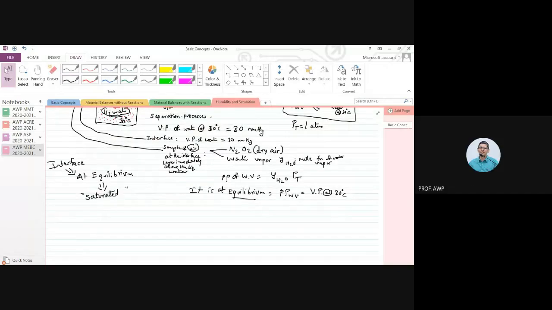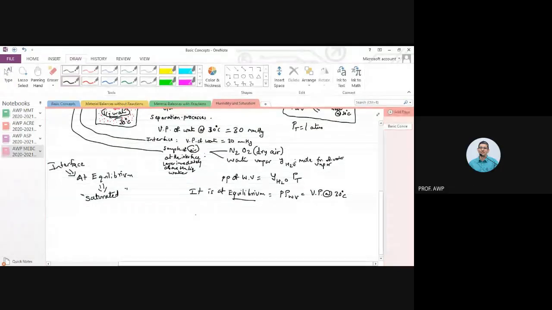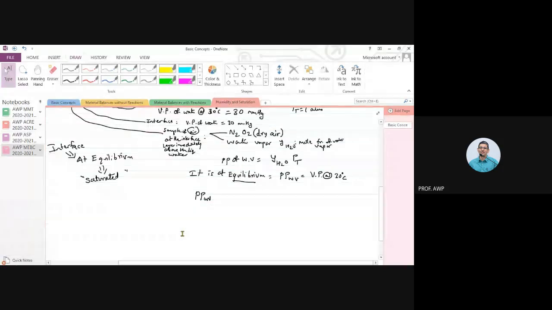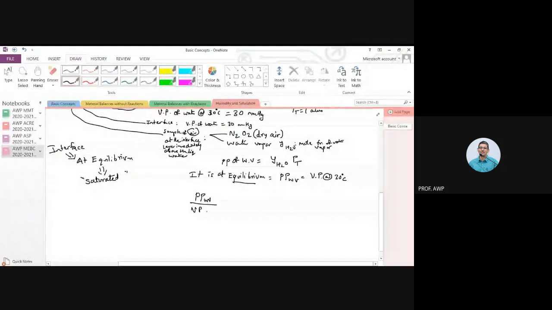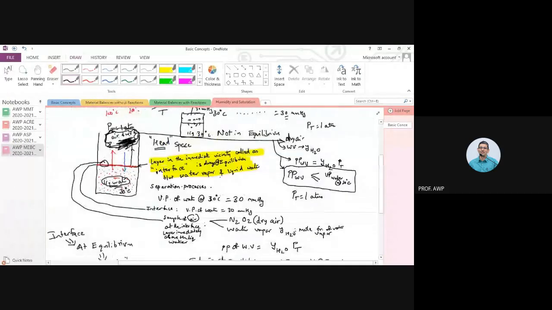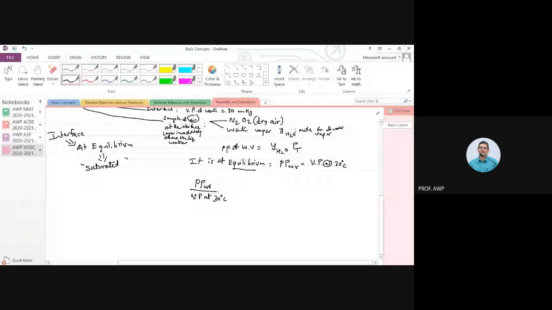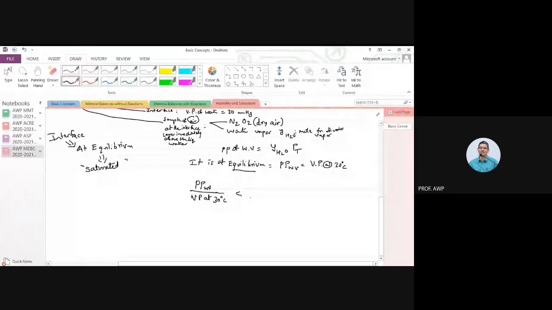This ratio, one second, just let me complete. This ratio of partial pressure of water vapor divided by vapor pressure at the temperature of the liquid, in this particular case at 30 degrees centigrade, is always less than or equal to 1.